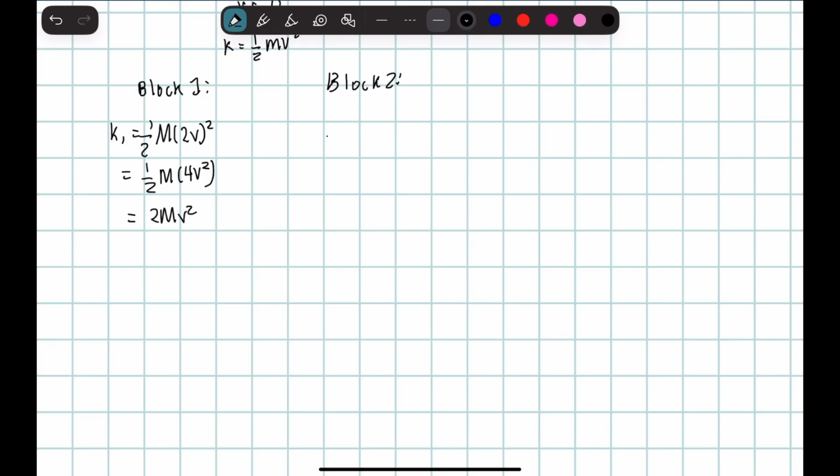And for block 2, you're going to have k2 is equal to 1/2 (2m) v squared, which equals mv squared.